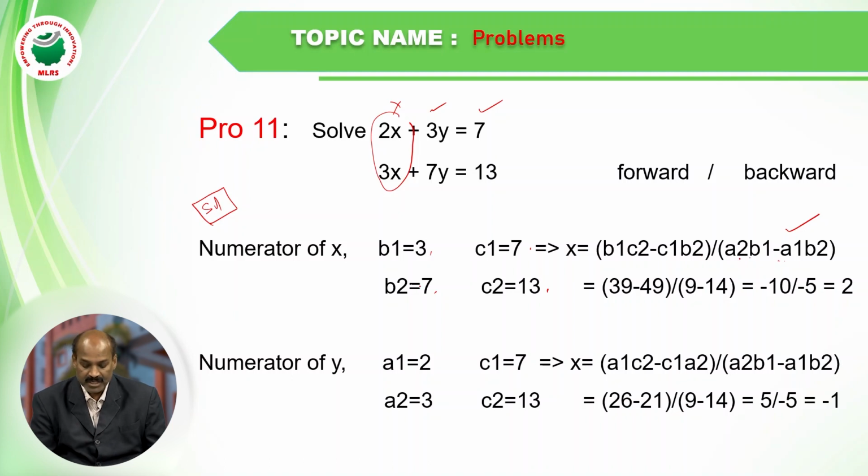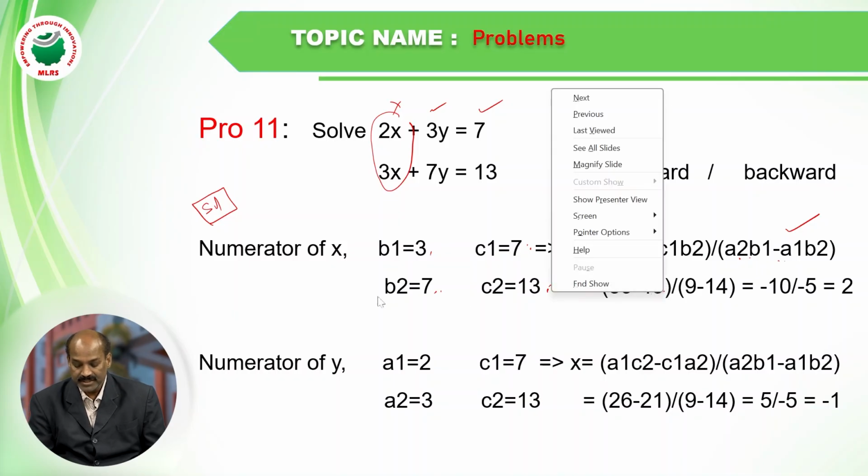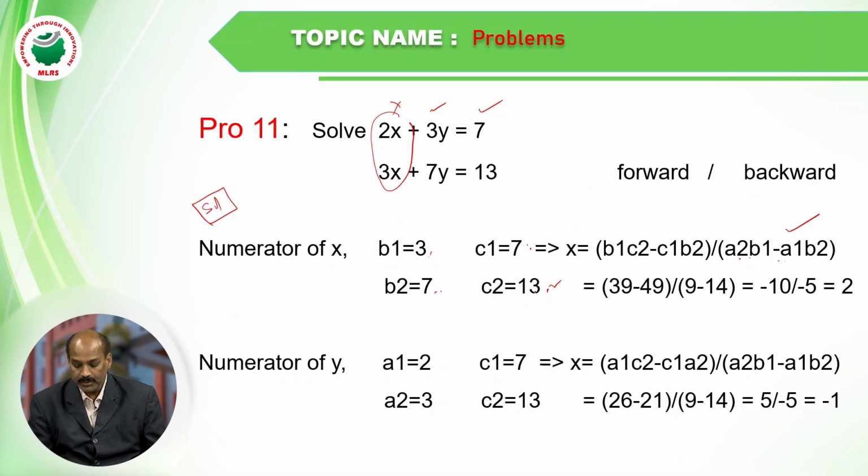Now here b1 is 3, b2 is 7, c1 is 7 and c2 is 13. Substituting these values in the formula, we get 3 into 13, 39, minus 7 into 7, 49, divided by the coefficient matrix of the given system of linear equations: 2, 3, 3 and 7.